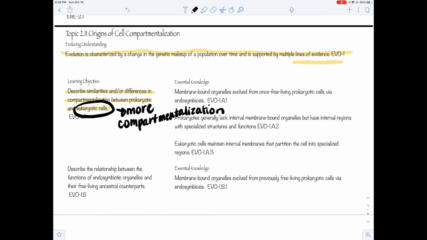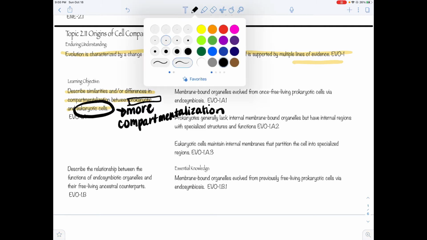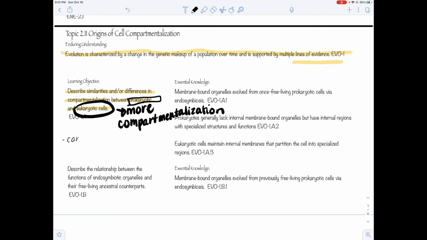Now, at one point, it was believed that prokaryotic cells did not have compartmentalization, but when we had the discovery of carboxysomes and metabolosomes, that was where they saw that there is some compartmentalization within prokaryotic cells as well.